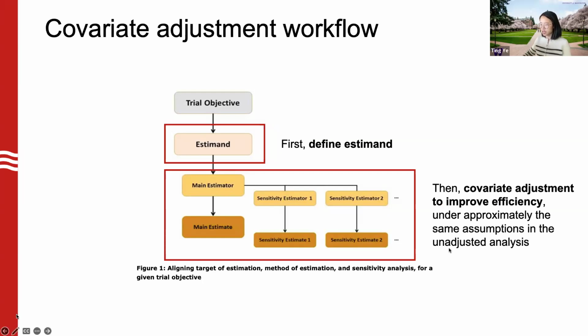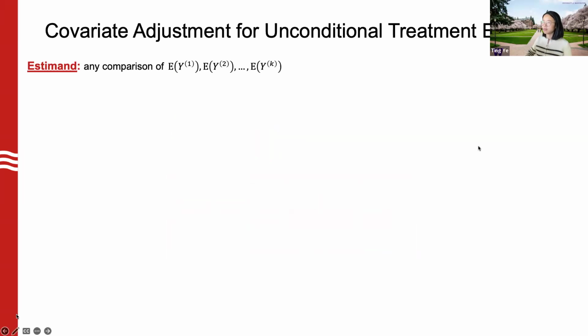So the goal is to not change the estimand of interest and also improve efficiency without further assumptions required. Okay, so I'll first start with covariate adjustment in the non-survival setting with either continuous or discrete outcomes. And then I'll move on to covariate adjustment for survival analysis.